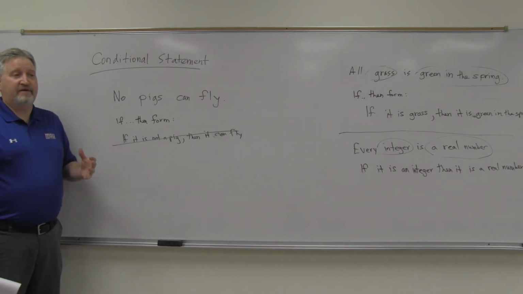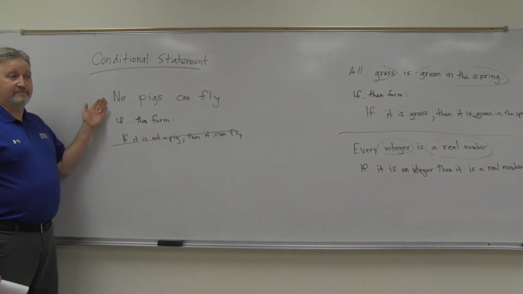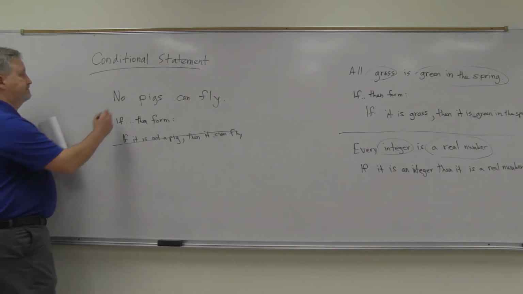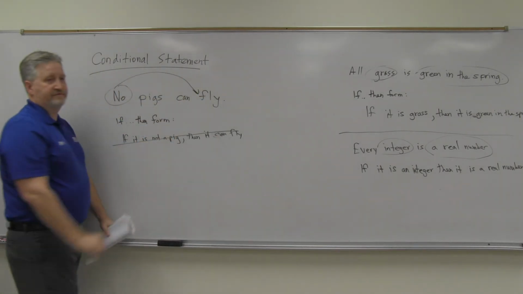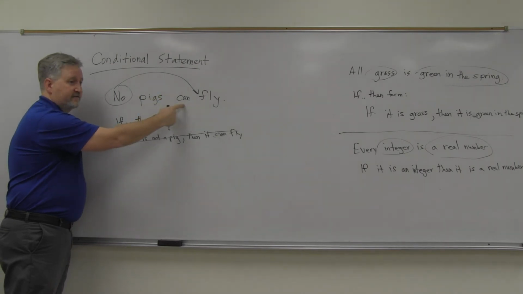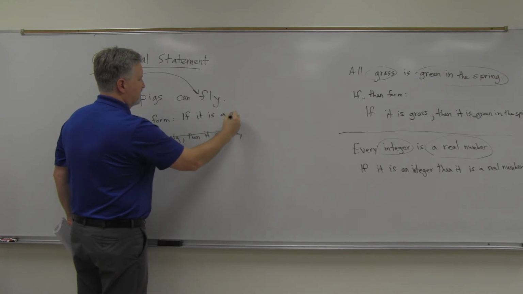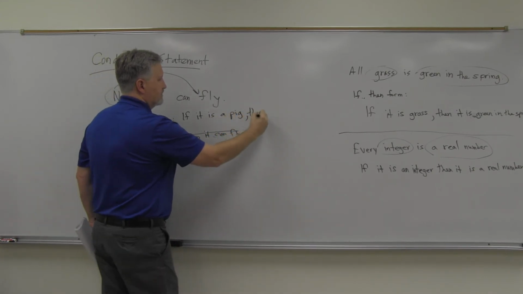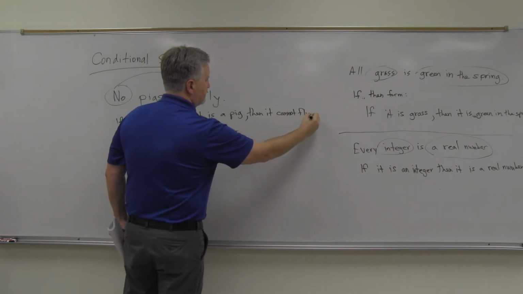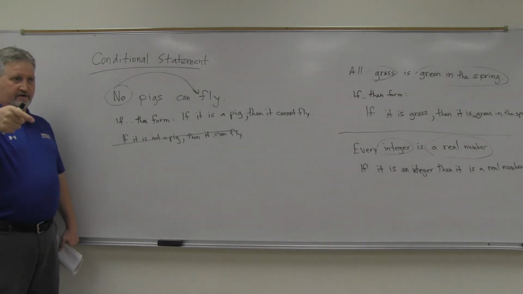Not being a pig doesn't mean you can fly, right? So that is not logically equivalent to that. With me? To make this logically equivalent, the no part needs to go with the second part here. If it is a pig, then it cannot fly. So again, put that no, the negation part, on the second part.